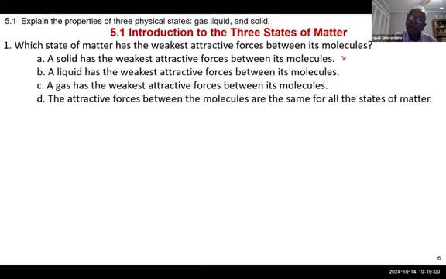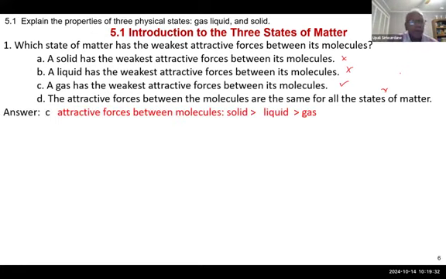Liquid has the weakest? Liquid has attractive intermolecular forces. They are not weak. Gas has the weakest. That's what the correct answer is. The attractive forces between the molecules are the same. It's not true. The changes of state take place because of the attractive forces. See the correct answer for this question: weakest attractive forces are in gases.